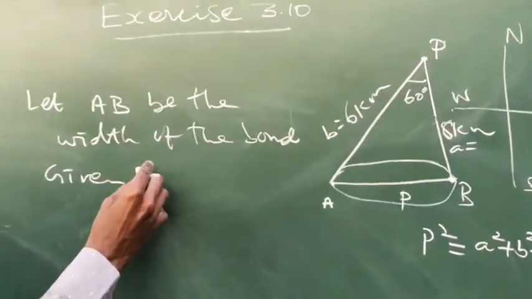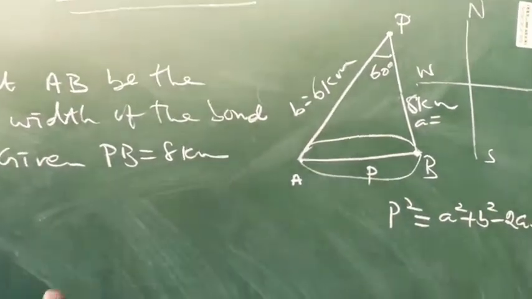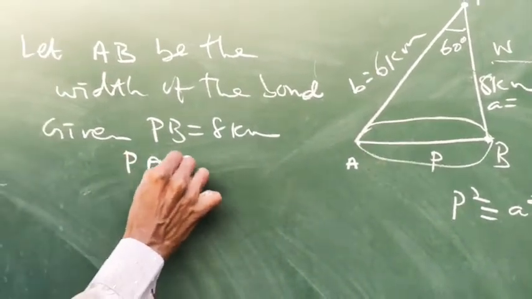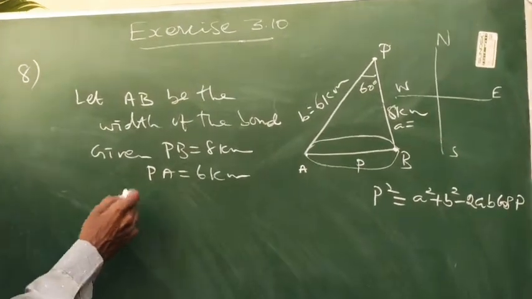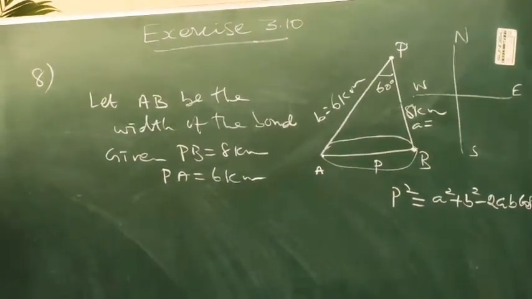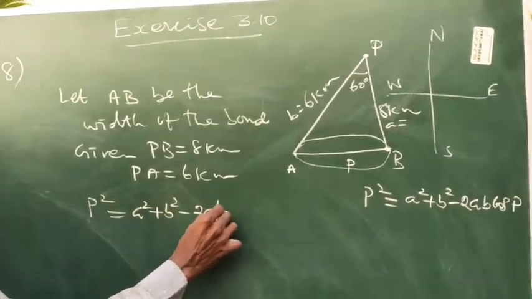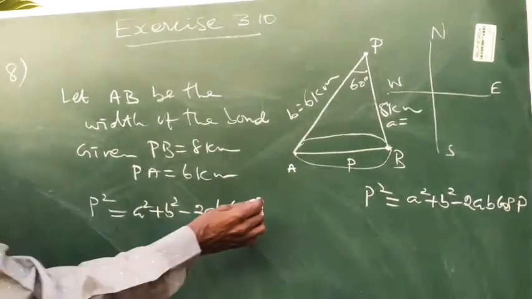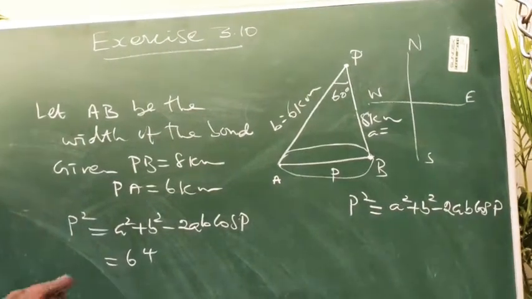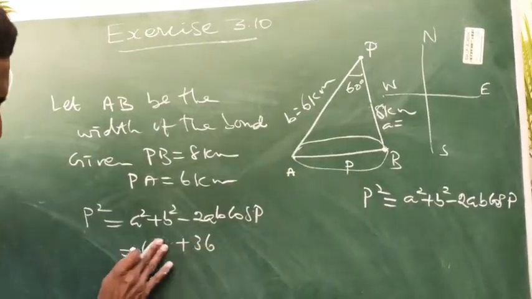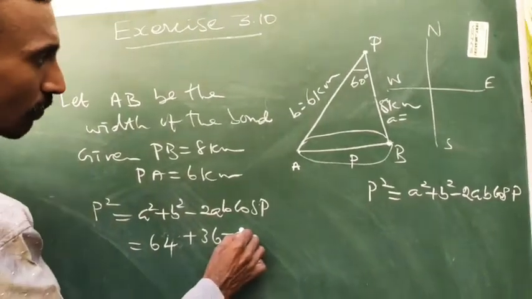Given PB equal to 8 km and PA equal to 6 km, our aim is to find AB. So use the cosine formula: p square equal to a square plus b square minus 2ab cos P. Here P is 60 degrees. So 64 plus 36 minus 2 into, what is that?